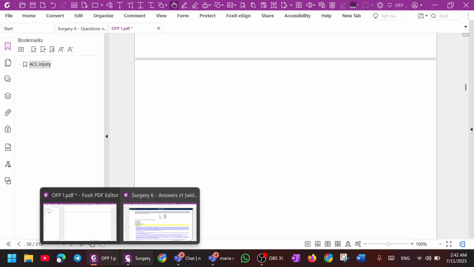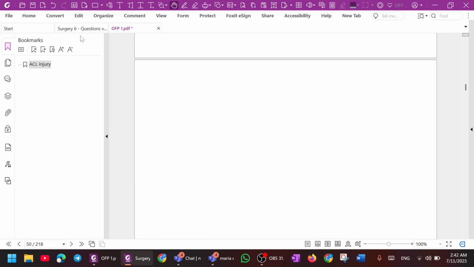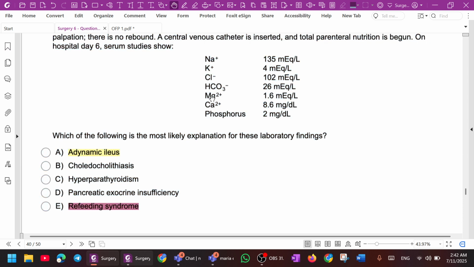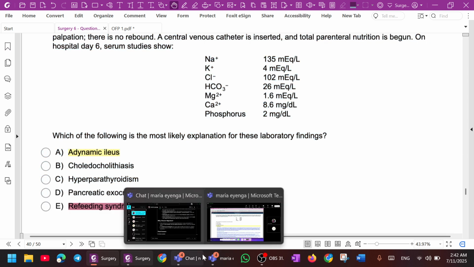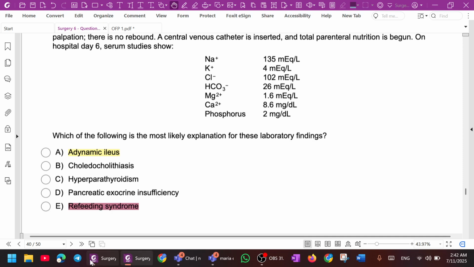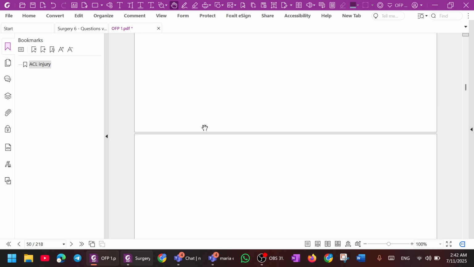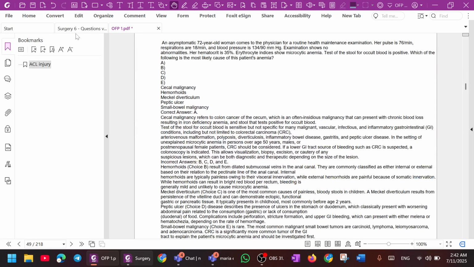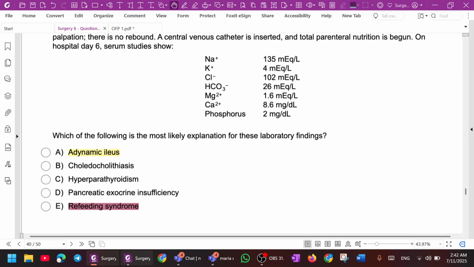This relative hyperinsulinemic state stimulates cellular uptake of potassium and increased production of fat, protein, and glycogen, which require minerals such as phosphate and magnesium, and the coenzyme thiamine. Severe depletion of each can ensue. So there will be low magnesium, low potassium, low phosphate, and low thiamine. Lab values typically demonstrate hypophosphatemia, hypomagnesemia, hypokalemia, depending on the severity.